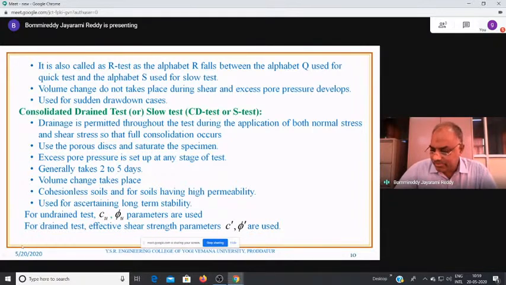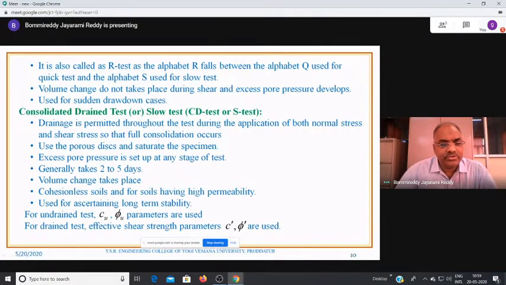we are going to permit drainage from the soil. Consolidated means we are permitting the drainage during the application of the normal stress. And it is also a drained test. We are going to permit the drainage during the shear test also.